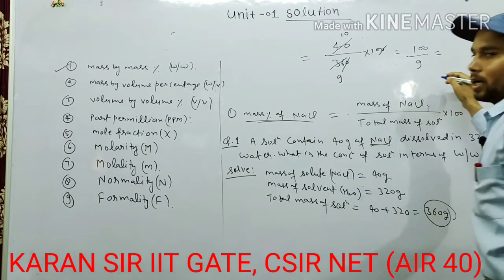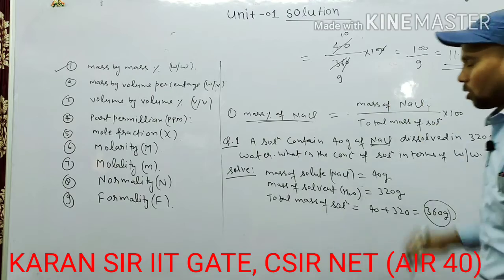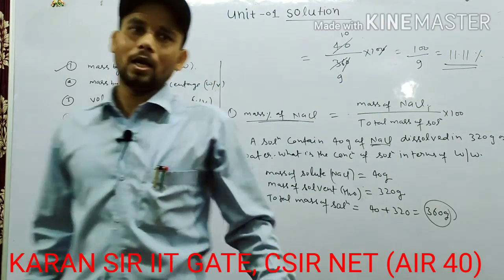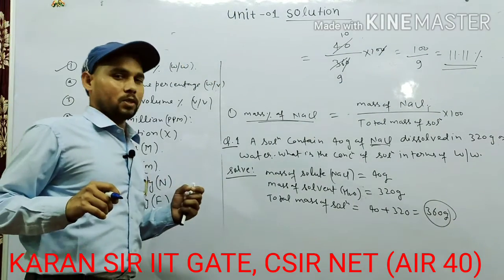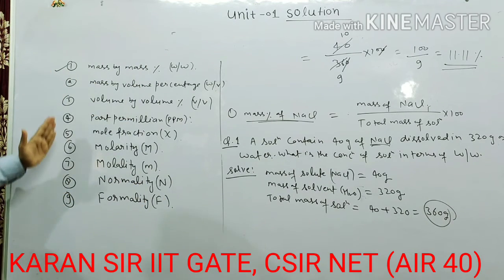Solving 100 upon 9 gives 11.11%. So this solution contains NaCl 11.11%.